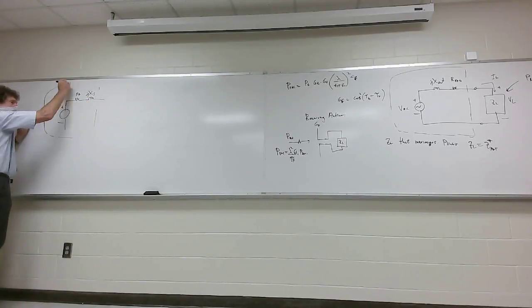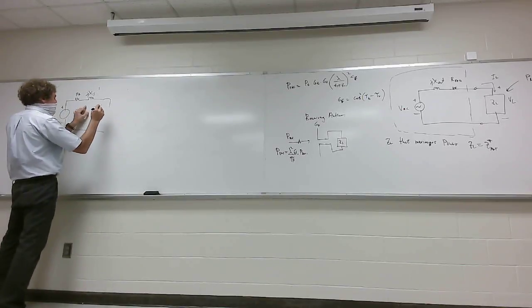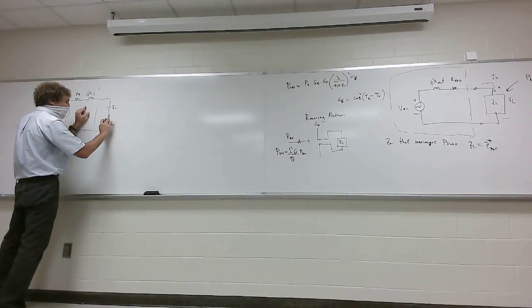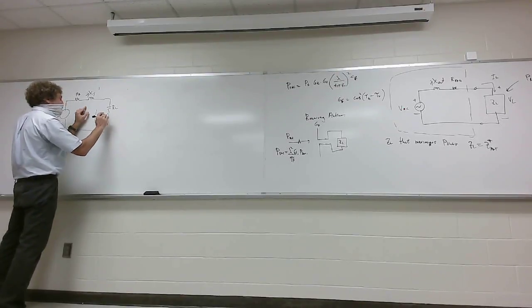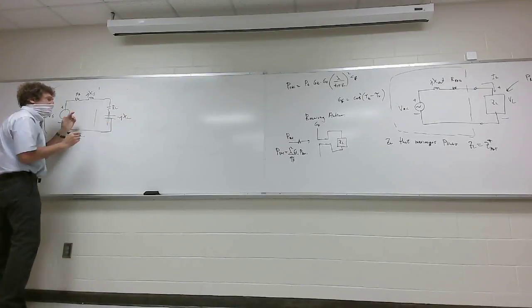That's going to be the source right there. I come out here, now I'm going to have some load resistance RL, and I'm going to do it this way because I know what the answer is going to be. Make this minus JX load. I know it's going to be that.